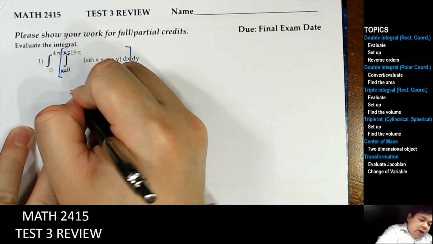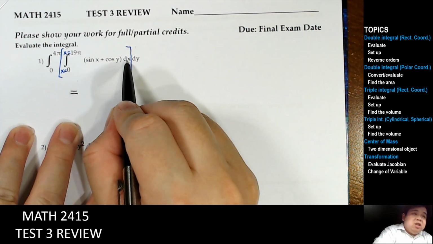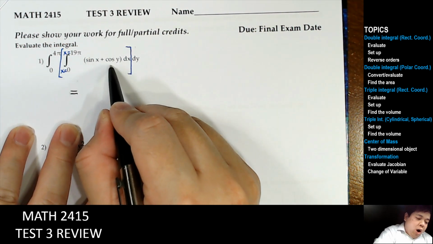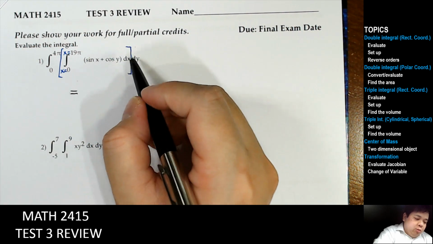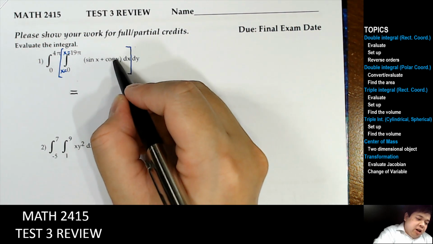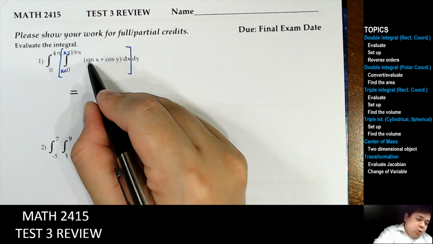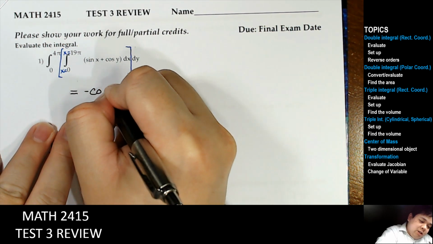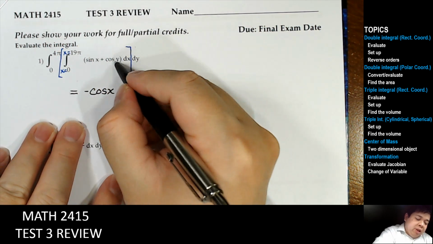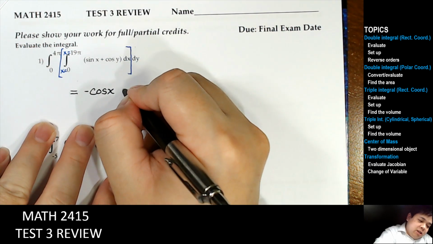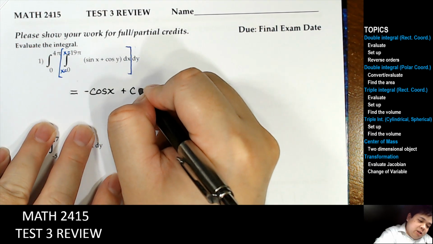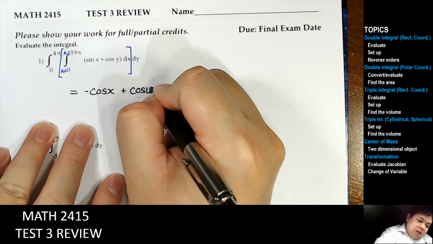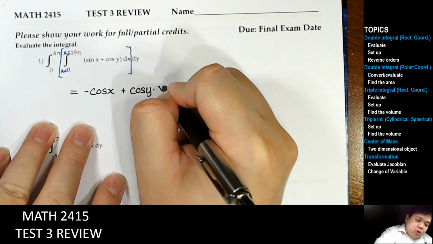So when we integrate this with respect to x, we will treat y as a constant. Cosine y is a constant. So integral of sine x is negative cosine x. And integral of a constant will be that constant multiplied by x.